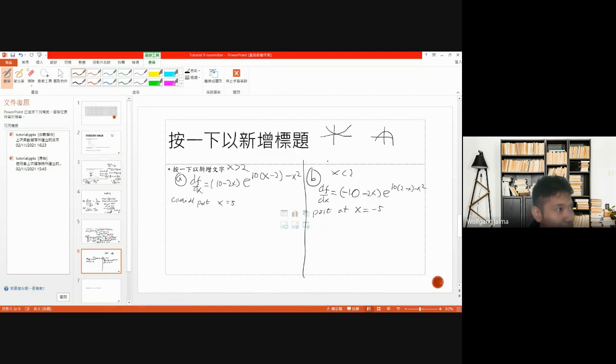Does Professor Iman use this term? He uses up and down, upward and downward. So this is up and this is down, or you can say it's convex and concave.